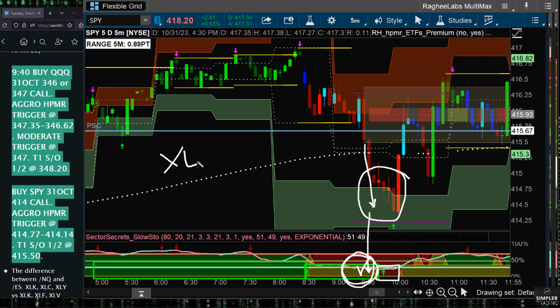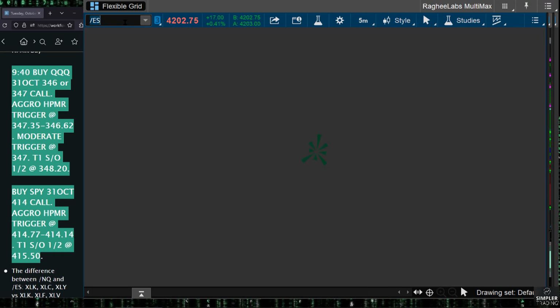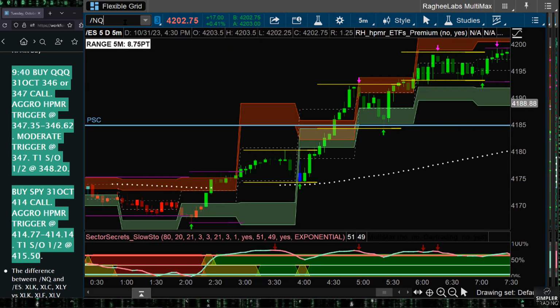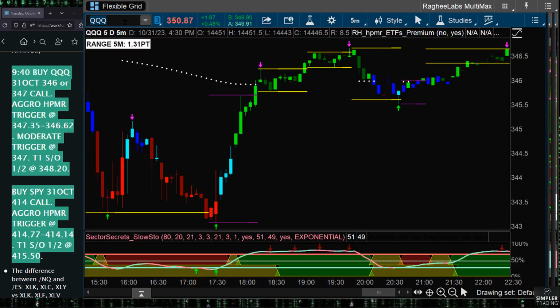And when I have the XLF or XLV, at least neutral, to oversold themselves, and the indication is most likely we're going to move higher. When the NASDAQ's going to move higher, the S&P will typically move with it unless the Dow is really falling to pieces. Right? So those are all the connective threads that we want to keep an eye on. And this is from a day trading perspective, whether it's the ES or SPY, whether it's the NQ, MNQ, or even the QQQ, these patterns work all the same.